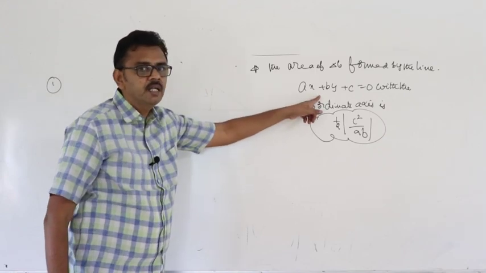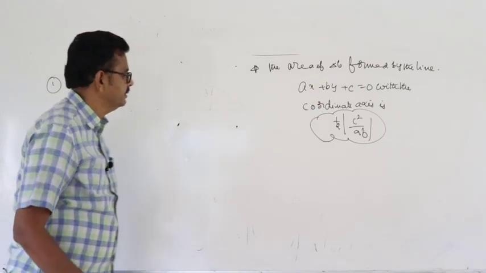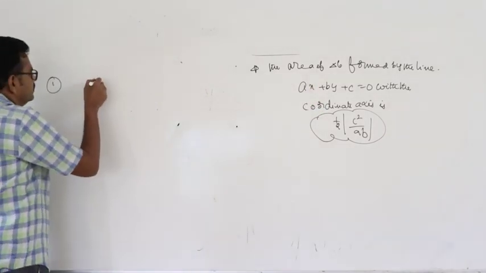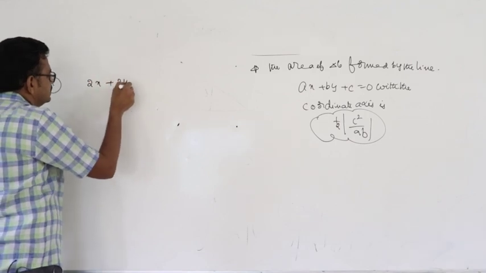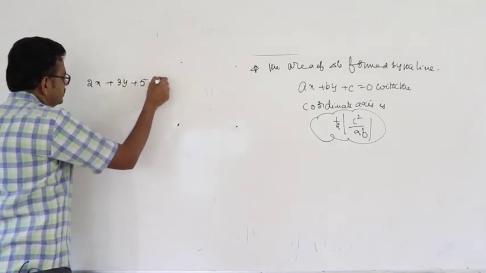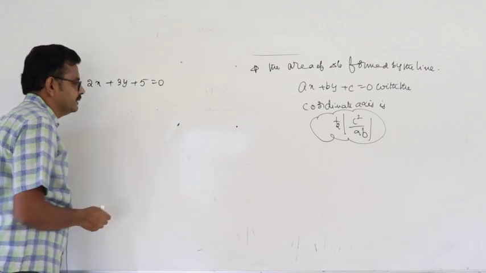Area of triangle formed by the line 2x plus 3y plus 5 equal to 0 with the coordinate axis.